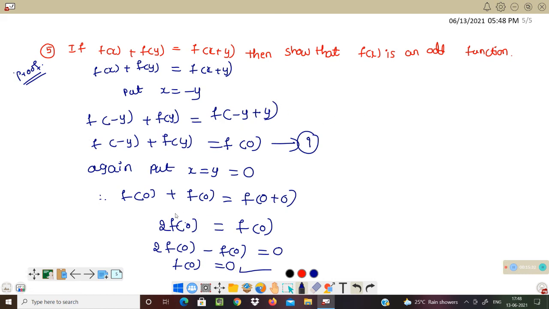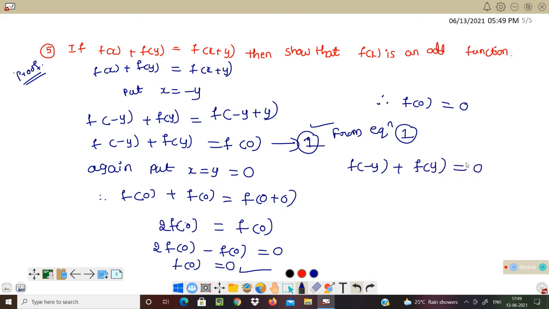Therefore, f of 0 value is nothing but 0. See now from equation 1, what we will get? We will get f of minus y plus f of y is equal to 0.